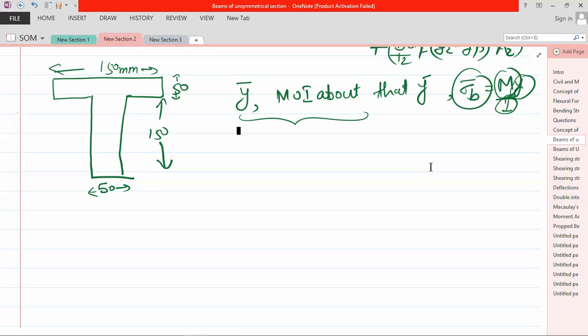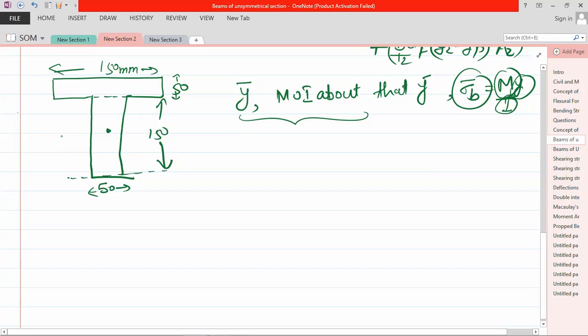Okay, I'm going ahead. Suppose I am measuring from the bottom. For this flange section, the center is around 75 mm from the bottom, and this is the center of gravity for the top portion.